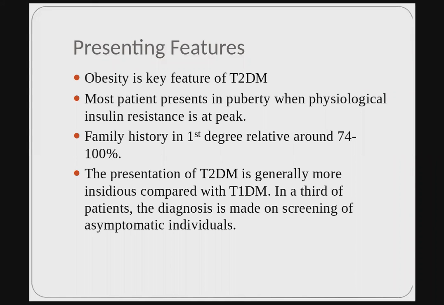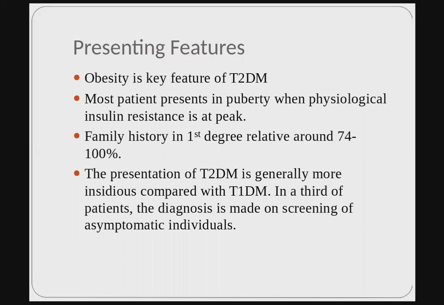The presentation of type 2 diabetes mellitus is generally more insidious compared to what we see in type 1. In a third of patients, the diagnosis is made on screening of asymptomatic individuals. That means they are not as sick as those children who get type 1 diabetes.